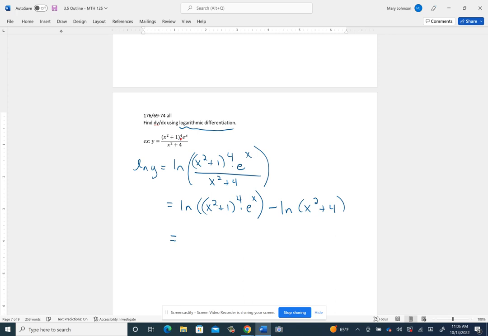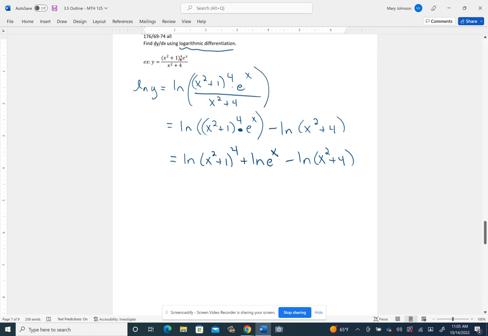Then this is a product here, so I can use the product rule of logarithms to rewrite that as the sum of these two. I can't separate the natural log of x squared plus 4, though. It is not equivalent to natural log of x squared plus natural log of 4.